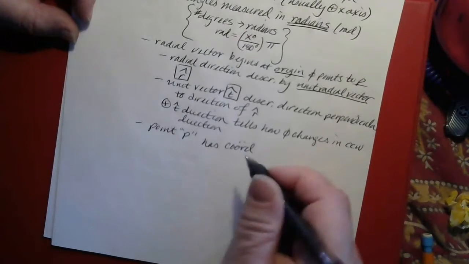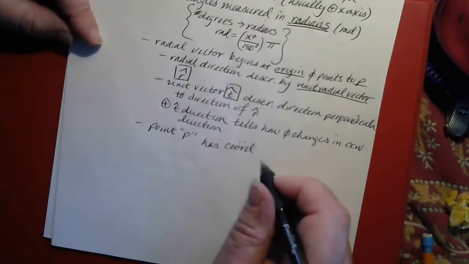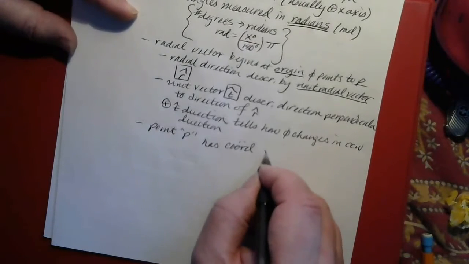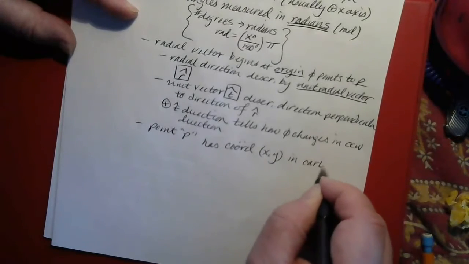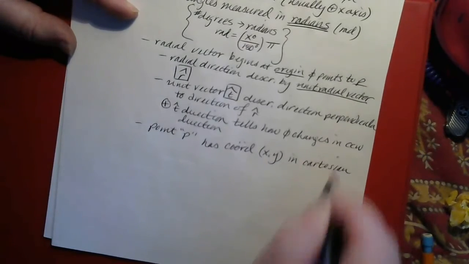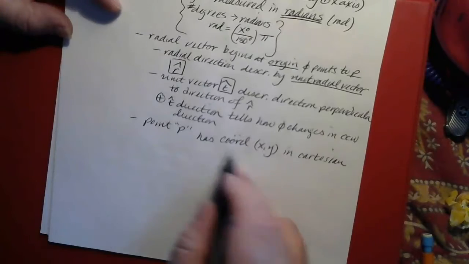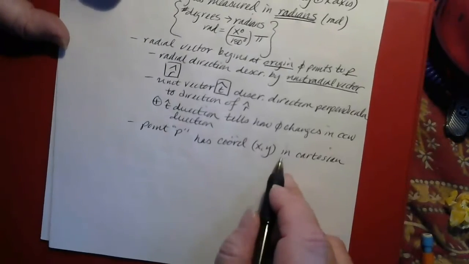So in our normal xy system, known as the Cartesian system, point P would have coordinates x and y.